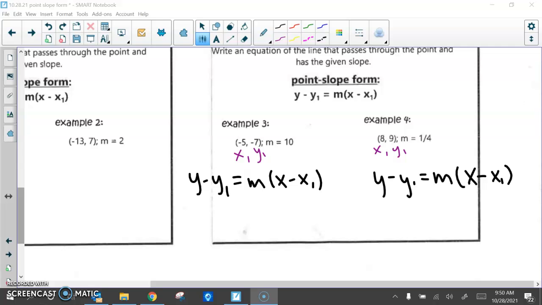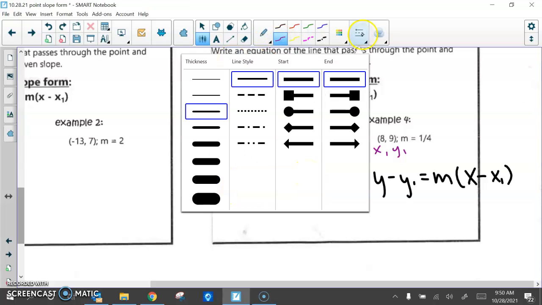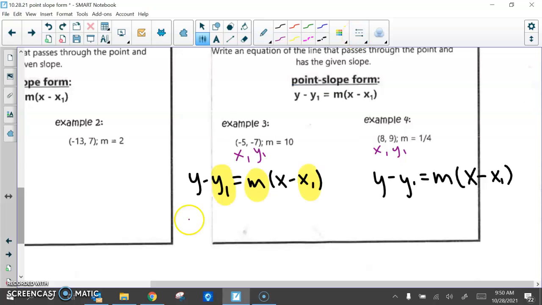Okay, so we're using point slope form. I'm given a point and I'm given a slope, so I'm going to substitute in what I know. Remember, I'm plugging in y1, m, and x1. So I'm going to do y minus negative 7 equals 10 times x minus negative 5.